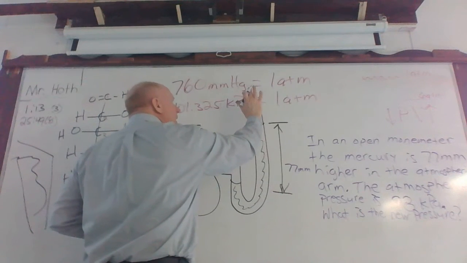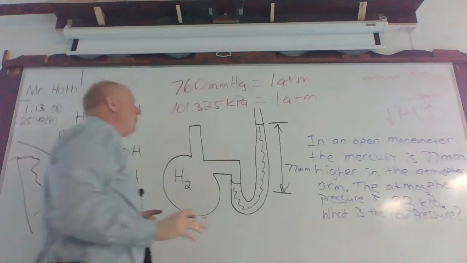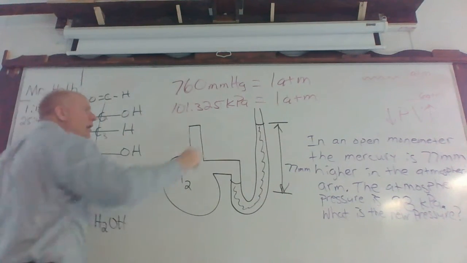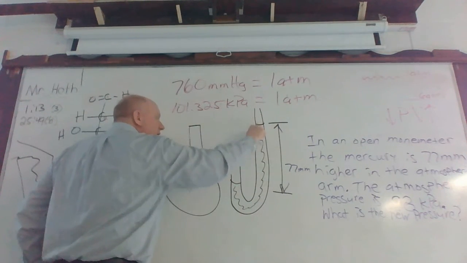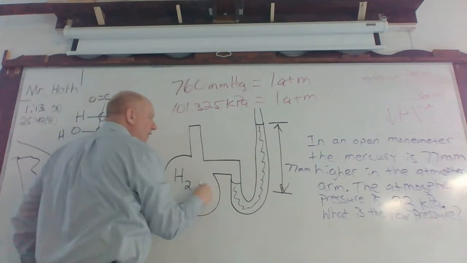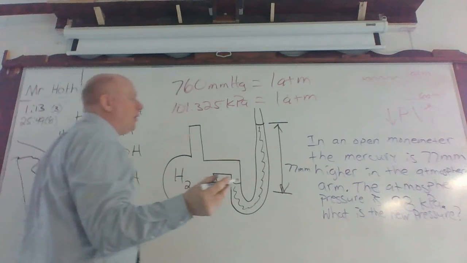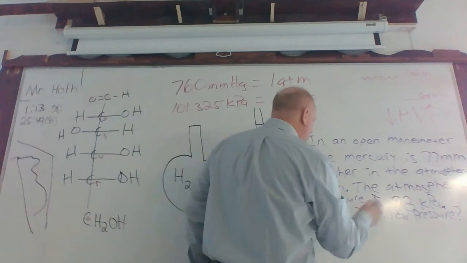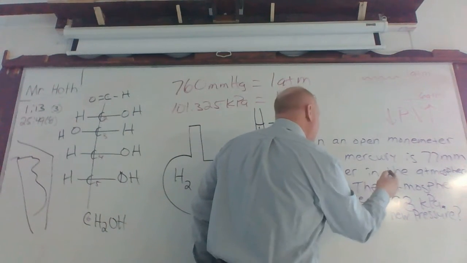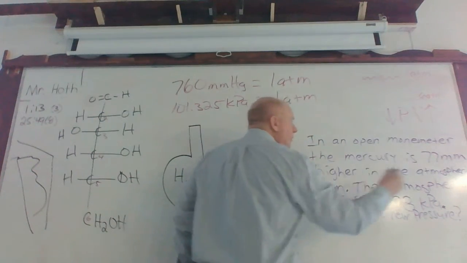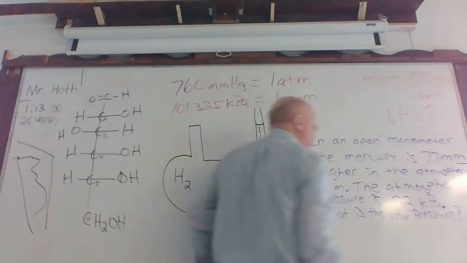If the atmospheric pressure increases, there's going to be more pushing down on this, therefore moving the mercury further into this side. So the "higher in the atmospheric arm" is important information right here.